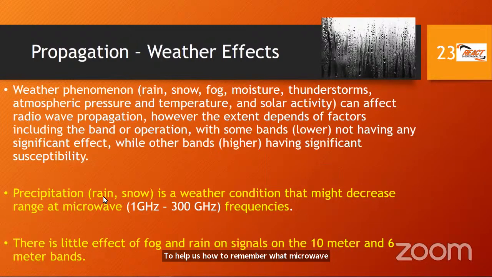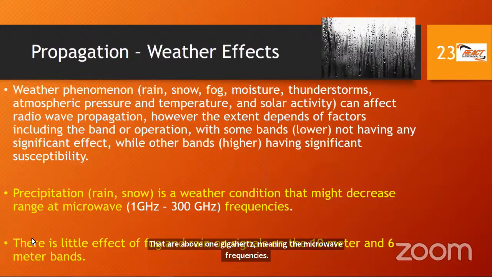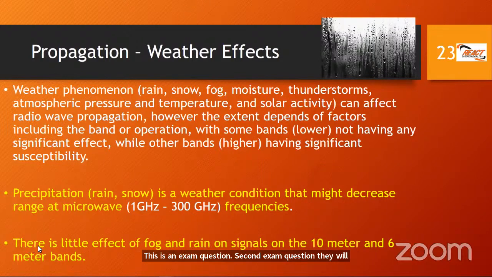So you need to know that rain can affect your radio signal, but only for frequencies that are above 1 gigahertz, meaning the microwave frequencies. Okay? This is an exam question. Second exam question they will ask you about, and they expect you to know that there is little effect of fog and rain on signals on the 10 meter and 6 meter bands, right?